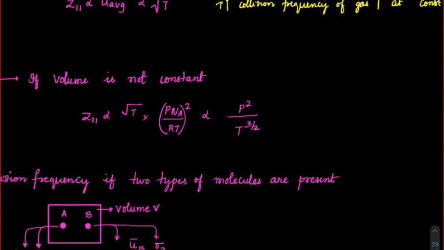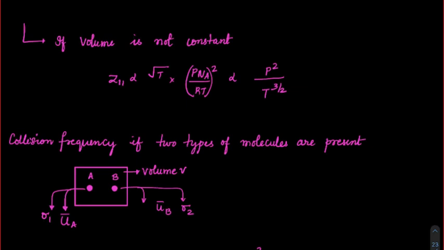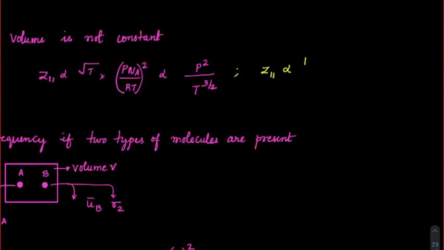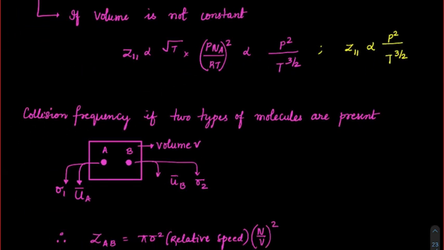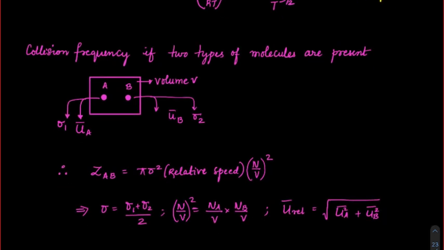This was asked once in JEE. So collision frequency is directly related to pressure square divided by temperature power 3 by 2, considering volume is changing. I think this point is clear.